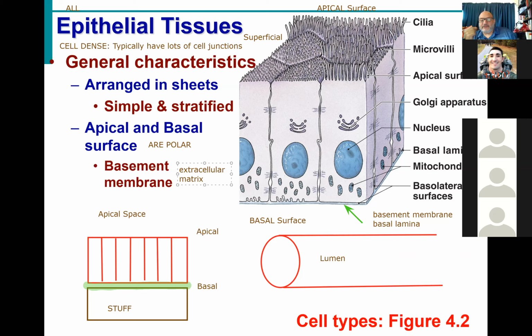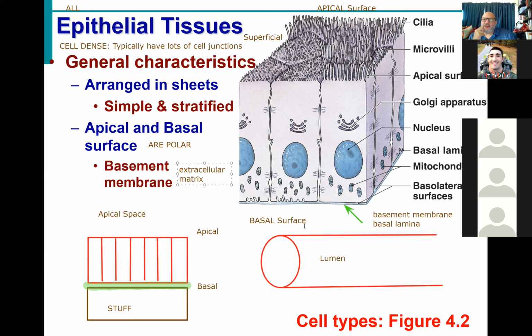Now, yes. So I'm looking at the picture, and we have the basal lamina, which is more in the back towards the corner, and then we have the lateral surfaces. One of the basolateral labels is pointing at the same space as the basal lamina.